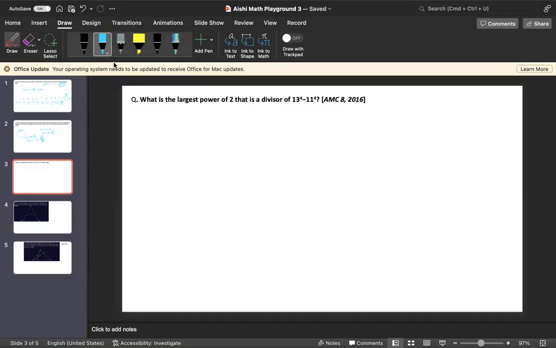Okay. Question 3. What is the largest power of 2 that is a divisor of 13 to the power 4 minus 11 to the power 4? So, this should be easy because we know that a squared minus b squared is equal to a plus b times a minus b.